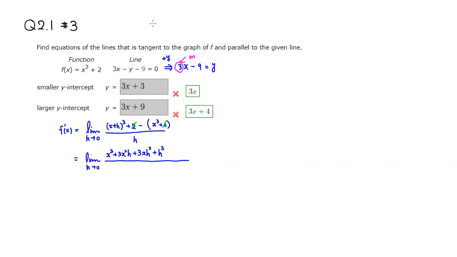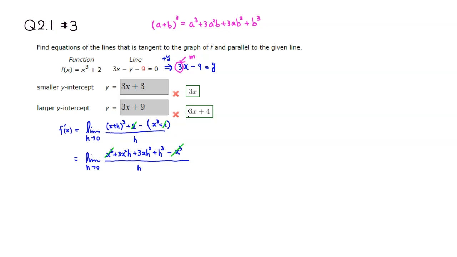I was using the formula a plus b cubed is a cubed plus 3a squared b plus 3ab squared plus b cubed. In this case, a is x and b is h. So we got that. Then we still have minus x cubed, and all over h. So we can cancel x cubed here: you have a minus x cubed, so you can cancel those.